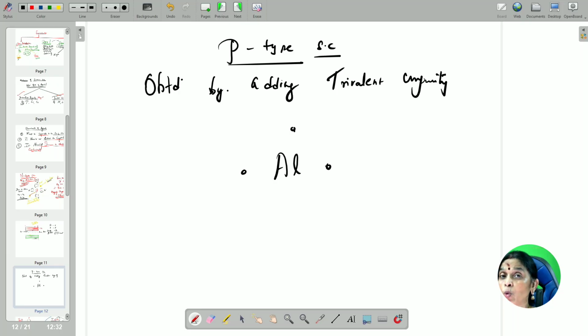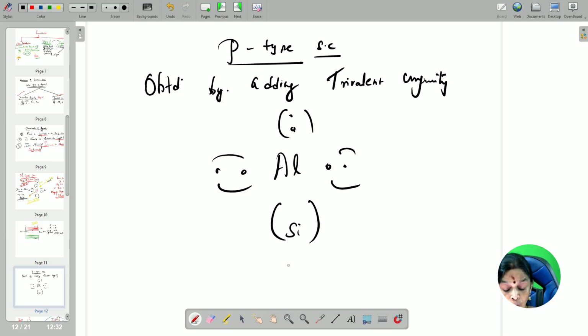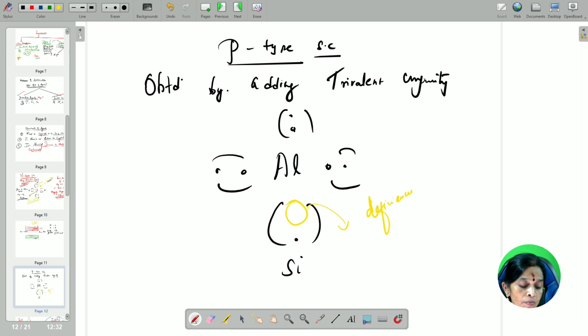Aluminum atom has only valency 3, it forms a covalent bond with the adjacent silicon atom, whereas for the formation of the fourth covalent bond with the neighboring silicon atom, you need 1 electron. So, there is a deficiency of the electron. This deficiency of electron is nothing but a hole.